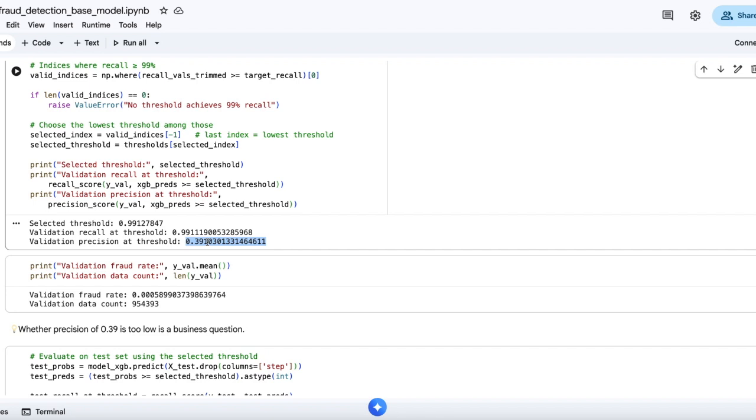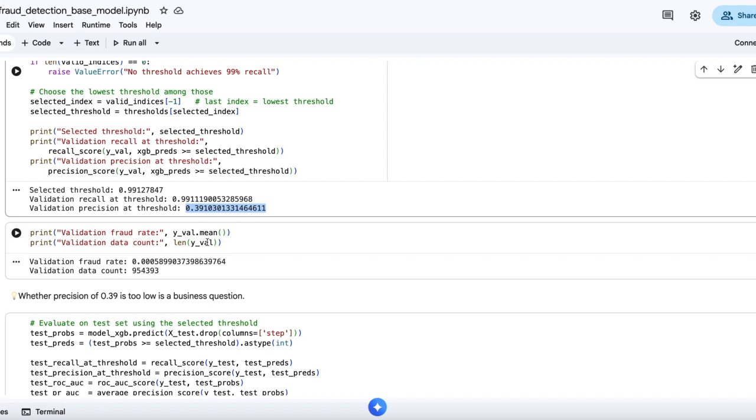Whether that 60% might be too much largely depends on the base fraud rate. In our validation set, out of nearly 1 million transactions, only 0.6% or roughly 60 transactions were fraud.